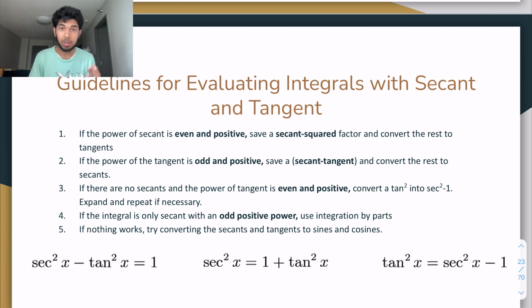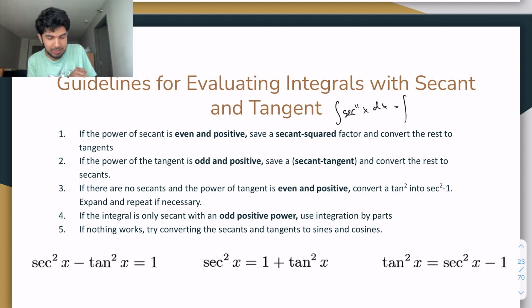Here we have some more guidelines when we see problems with these. If the power of secant is even and positive, then we'll save a secant squared factor and convert the rest to tangents. So if we see something like the integral of secant to the fourth of x dx, the power is even and positive, so we want to save a secant squared term.